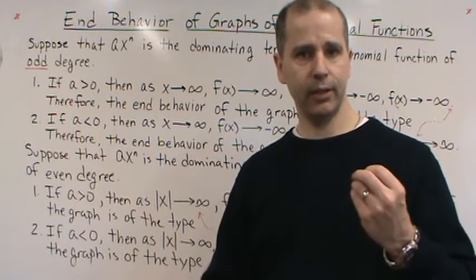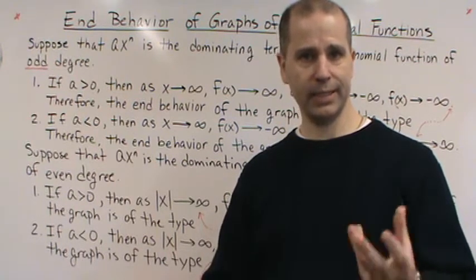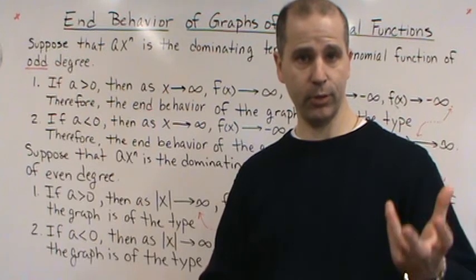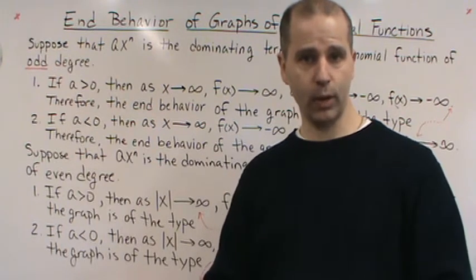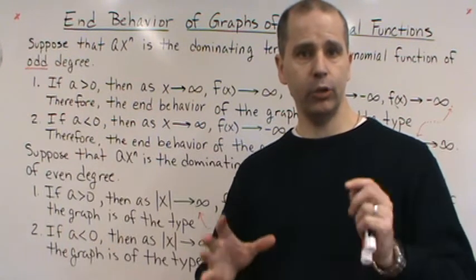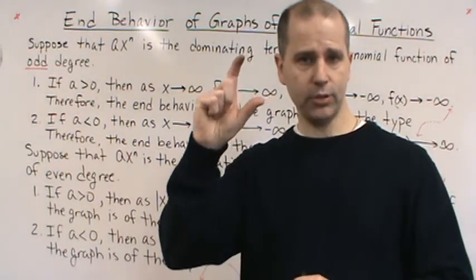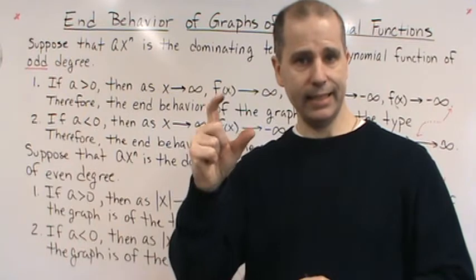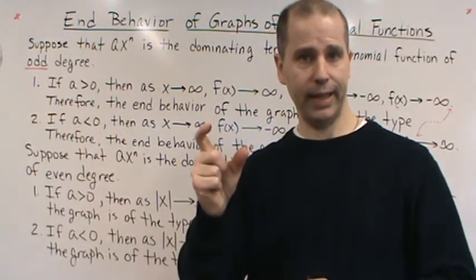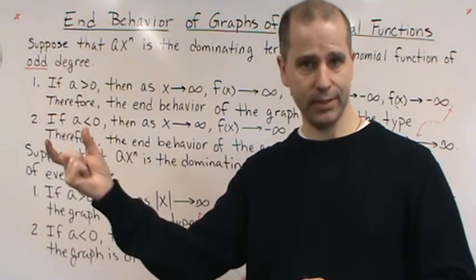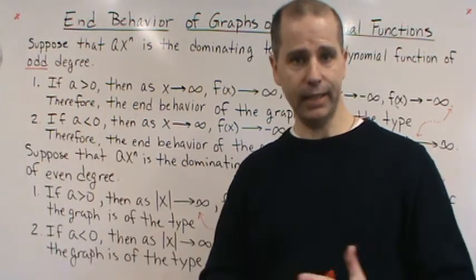It's going to be the term with the largest exponent, because that's going to grow the fastest, either in the positive or the negative direction. So if you look at the leading term, the degree of the polynomial, that is what's going to control the graph as x gets really big positive or really big negative.